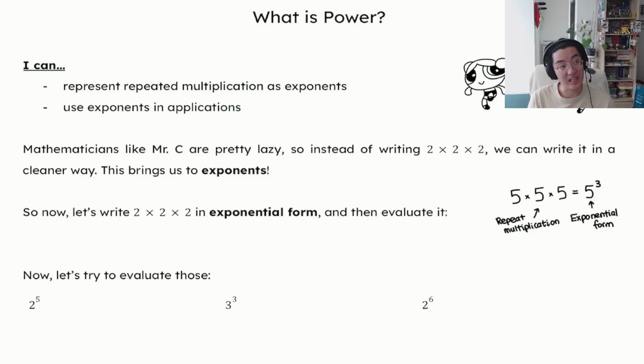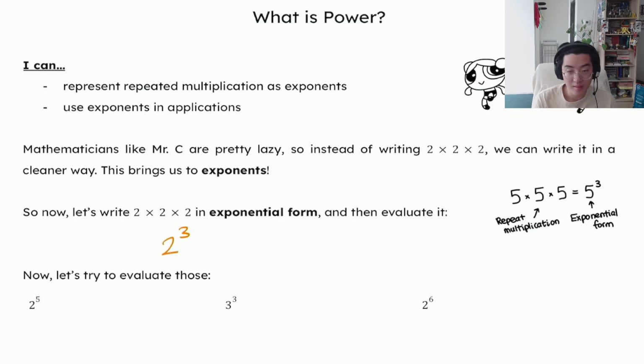Mathematicians like me are super lazy. If we have a number multiplied by itself a bunch of times, we don't want to write it out all the time. So instead of writing out 2 times 2 times 2, we just use exponents.